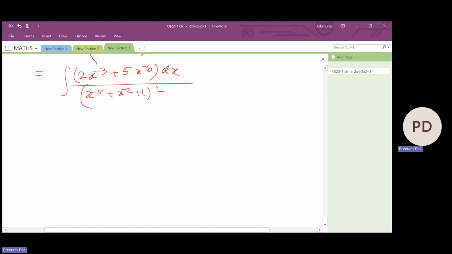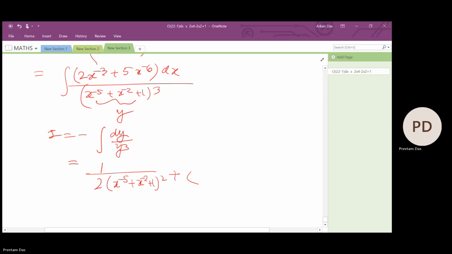So take again the denominator as y and simplify. It is cube. Take this as y and simplify. You will get I as minus integration of dy by y cube. Then again upon simplification, you will get 1 by 2 times (x raised to minus 5 plus x raised to minus 2 plus 1) whole square plus c.